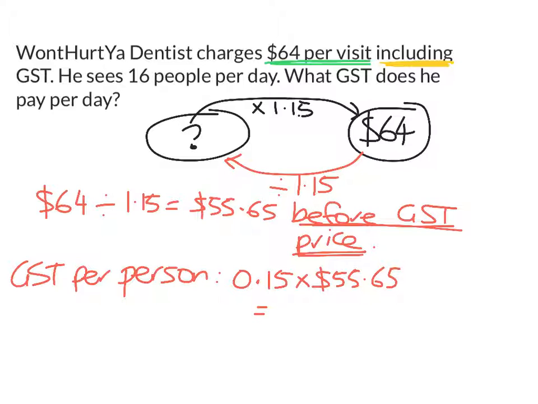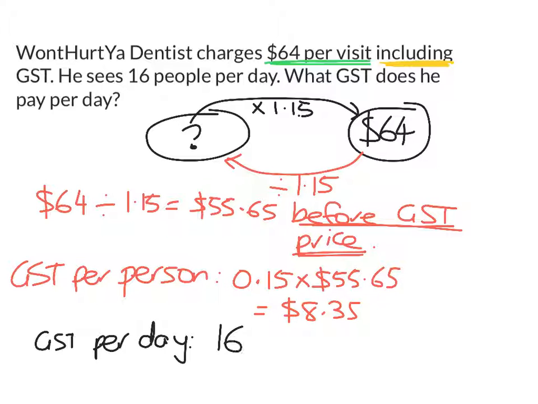Well, 15% of 55.65 is $8.35. So for 16 people per day, we have 16 times $8.35, which gives me $133.60.